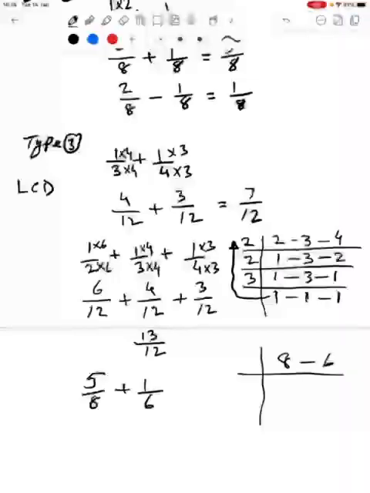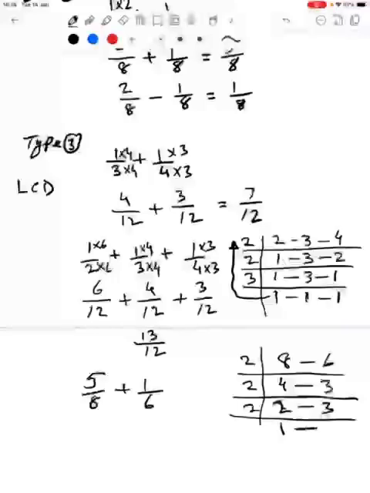Always try with 2, 3s, and if not, the higher number. So we try with 2, 4 2s are 8, 3 2s are 6. And then again with 2 2s are 4, and 3 leave as it is. And then again 2, 1 2 is 2, and 3 same.